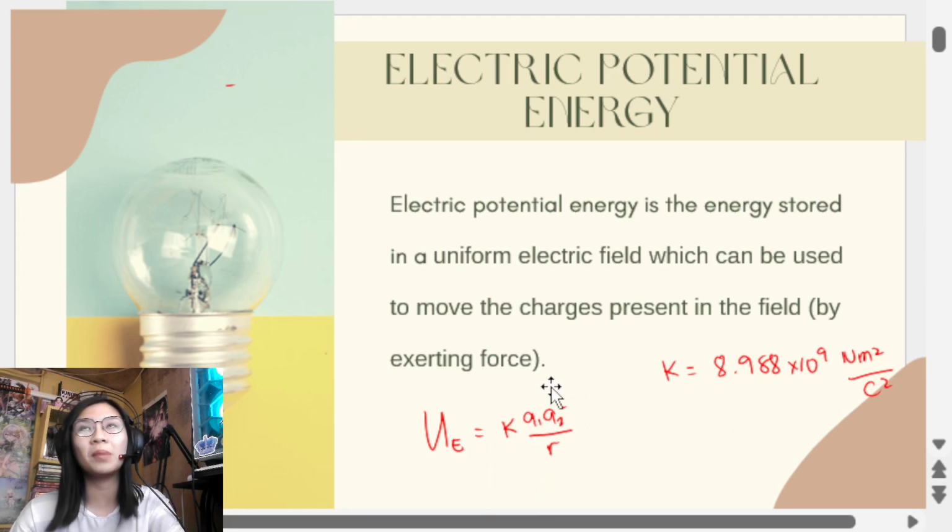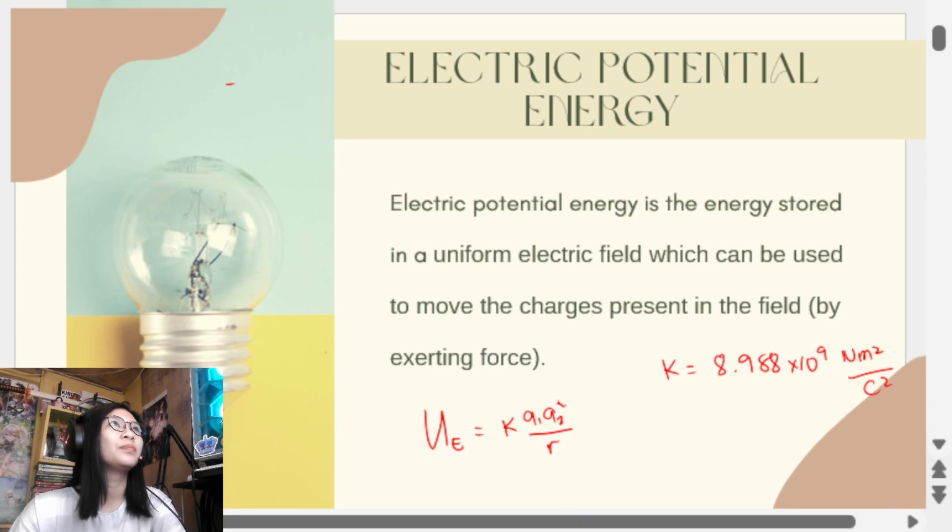So the bigger your charge, the bigger your electric potential energy. This is just what you need to memorize or familiarize yourself with for now. It is similar to Coulomb's law, but Coulomb's law has r squared, while electric potential energy is just r only.